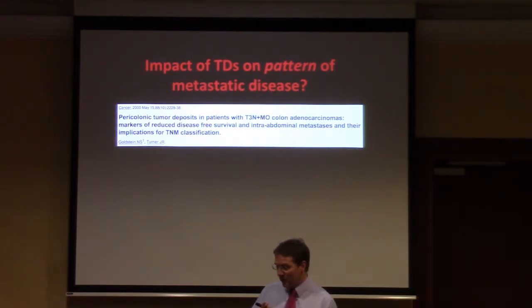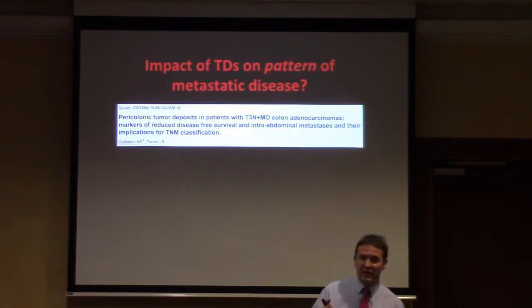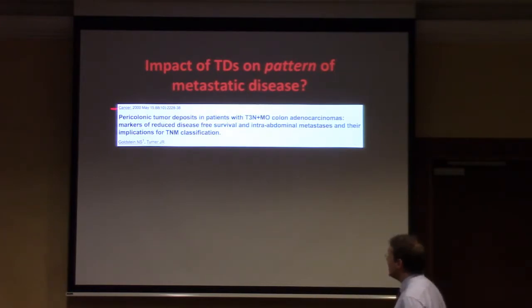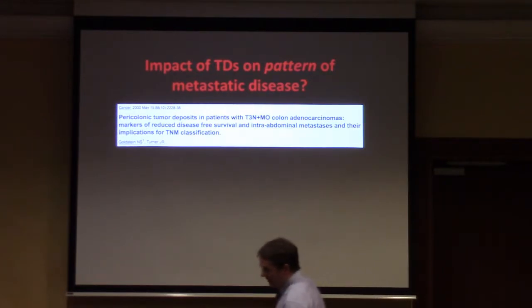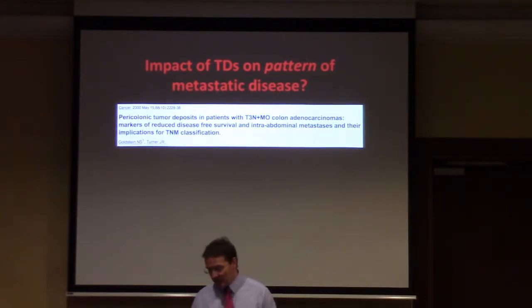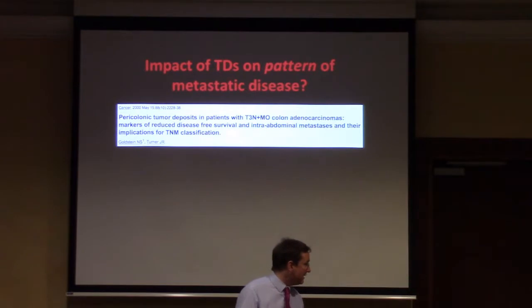So what about potentially using the tumour deposits to identify the type of recurrent or metastatic disease that the patient may develop? It's amazing how old this paper is. Neil Goldstein produced this way back in 2000, and this was a series of patients with nodal disease and PT3.